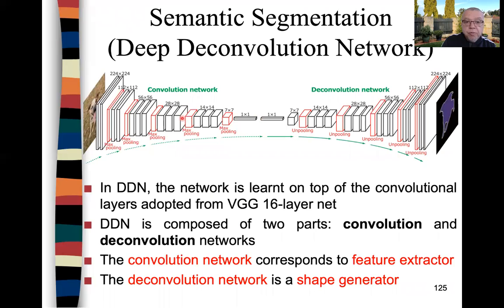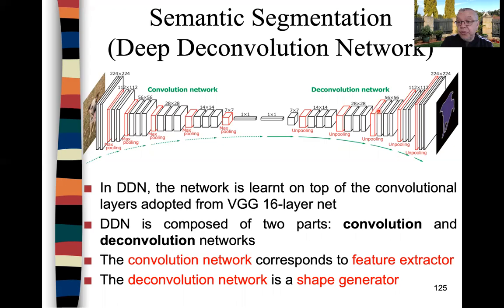The convolution network is a feature extractor. It takes the input image and extracts a number of features at the end, as opposed to the deconvolution network, which is a shape generator. It generates a certain shape and produces the object segmentation.